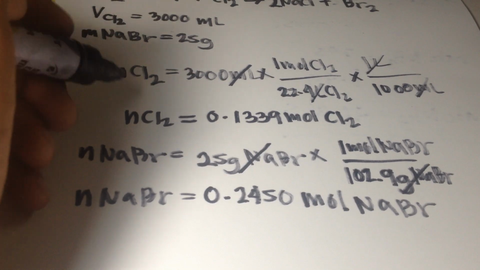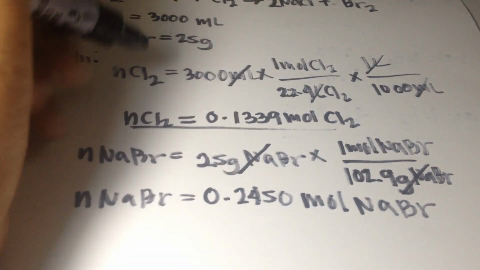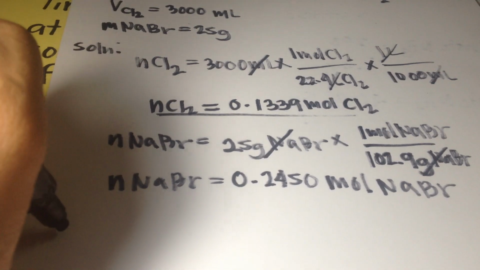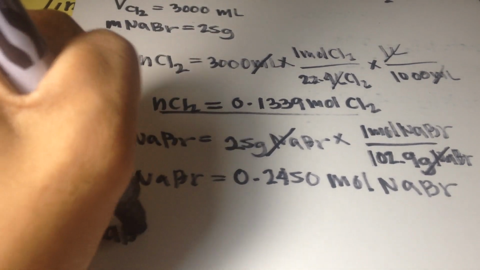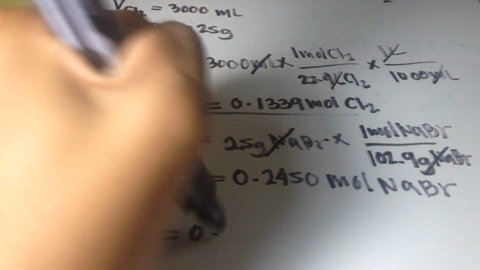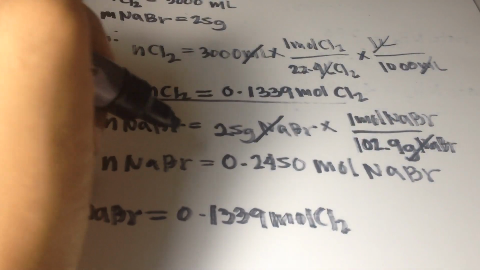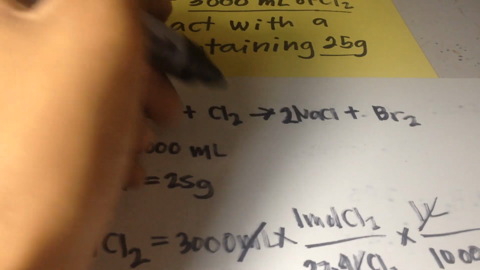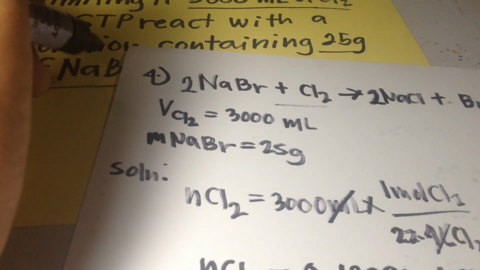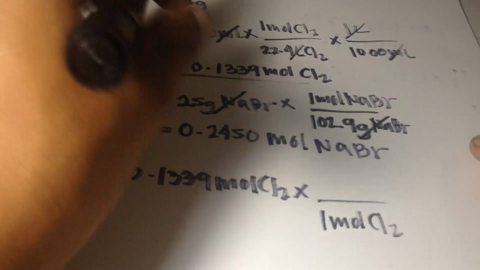And then, which is the lesser number? The chlorine gas is the lesser number. So let's get again the moles of sodium bromide. So 0.1339 moles of chlorine gas times, in the reaction, 1 mole of chlorine gas and then 2 moles of sodium bromide.